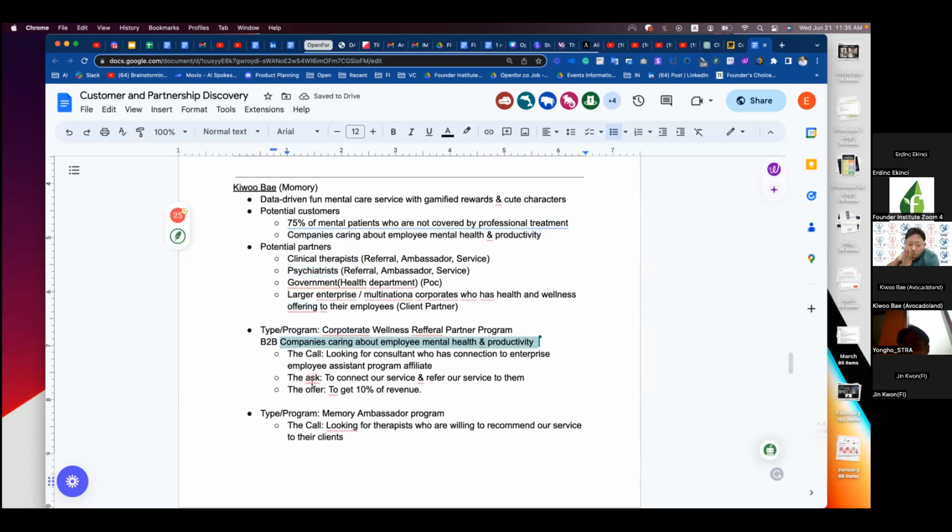So the call is to look for the consultant who is connected with employees, who has access to connect the service to them. That means working with their audience, who are already agency customers, right?